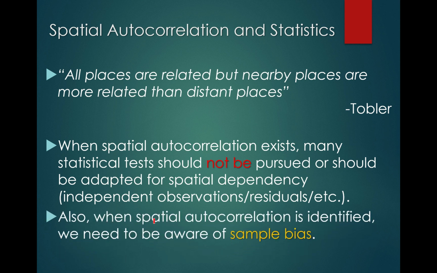We have to keep spatial autocorrelation and clustering in mind, because a lot of our statistical sampling assumptions operate under the assumption that we're dealing with a randomly distributed variable. If we have autocorrelation or clustering going on, that assumption is no longer valid.